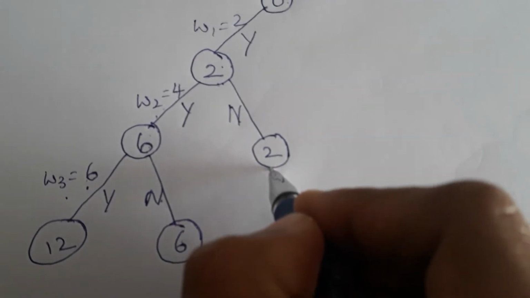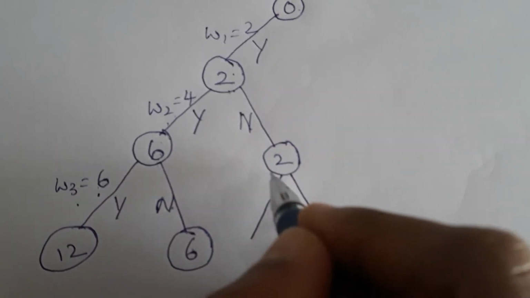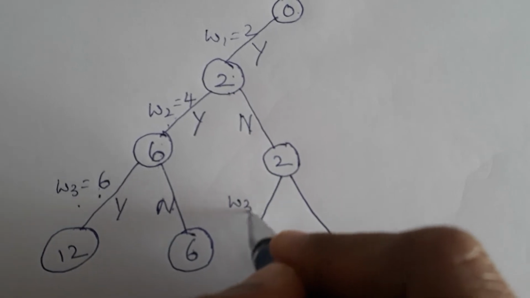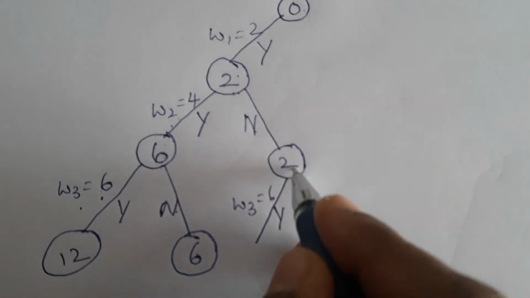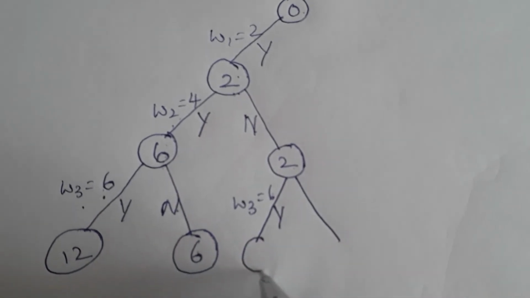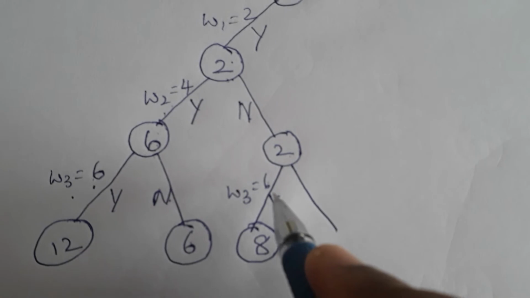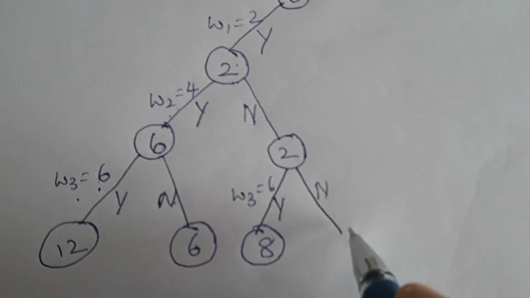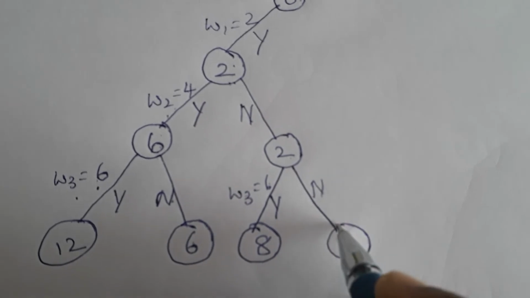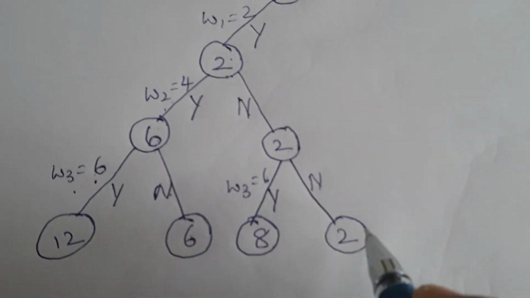Now we have one more option by considering w3 is equal to 6, yes. So 2 plus 6, the sum is 8. Without considering w3 in the subset, the resultant sum remains 2 plus 0, that is 2.